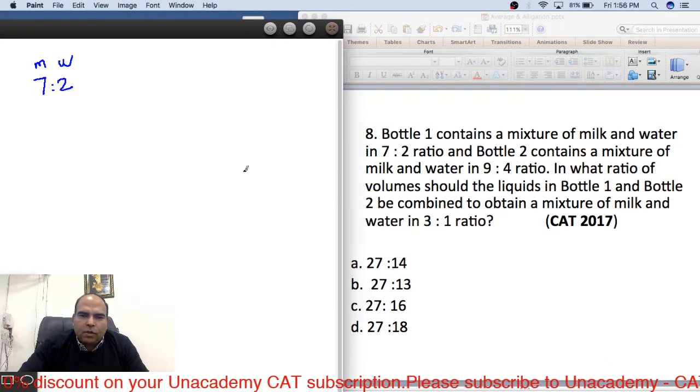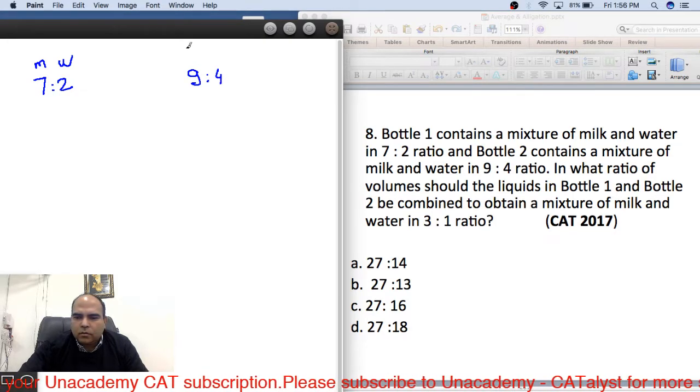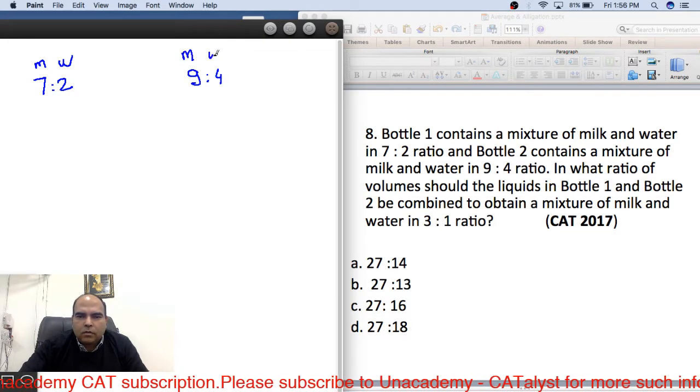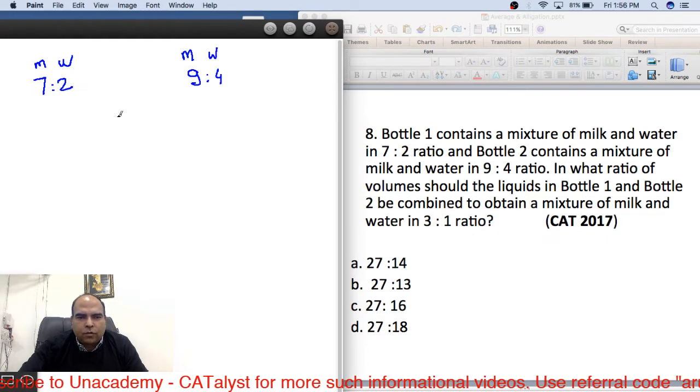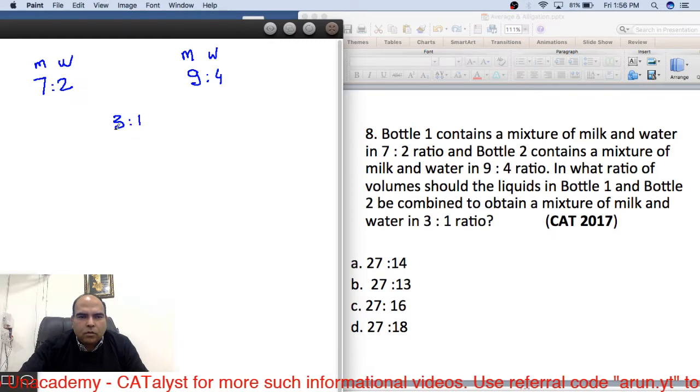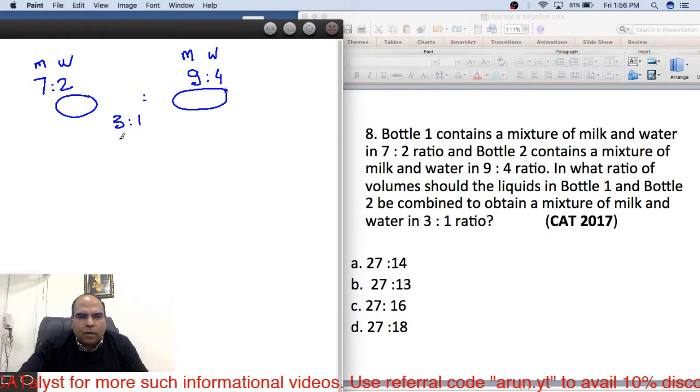Bottle 2 contains a mixture of milk and water in the 9:4 ratio. In what ratio, in what volume should the liquids in bottle 1 and 2 be combined in order to obtain a mixture of milk and water in the 3:1 ratio? So what ratio should we combine these to get a 3:1 milk water situation?